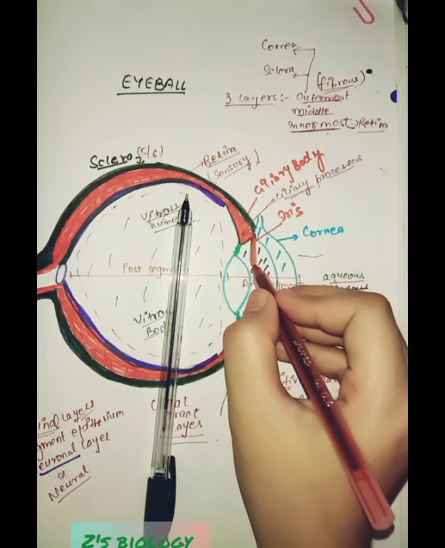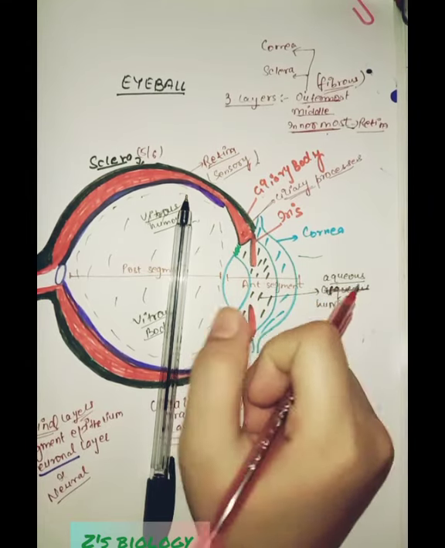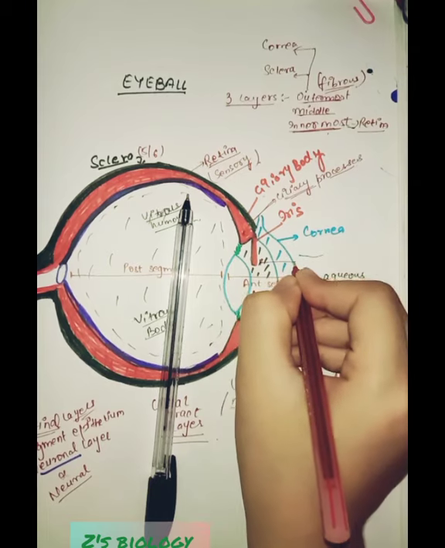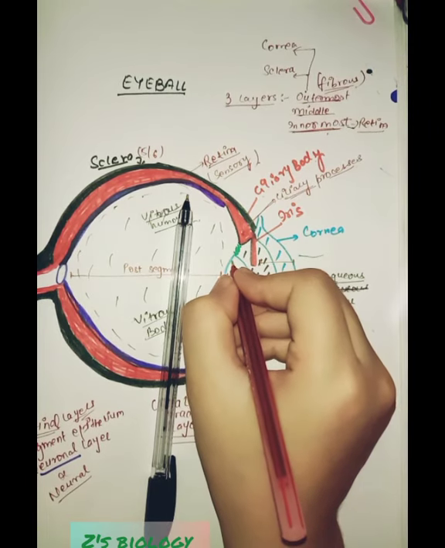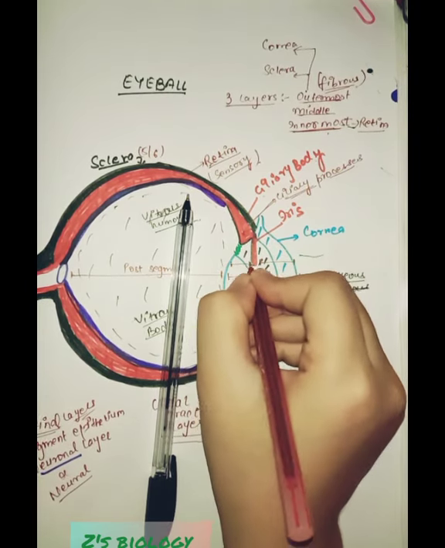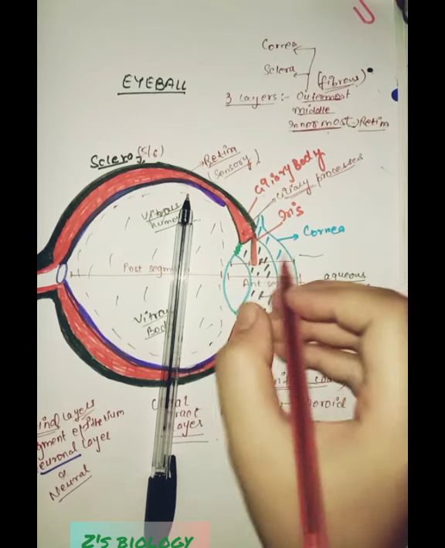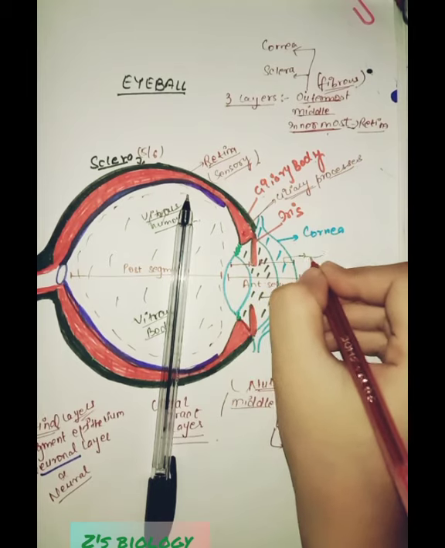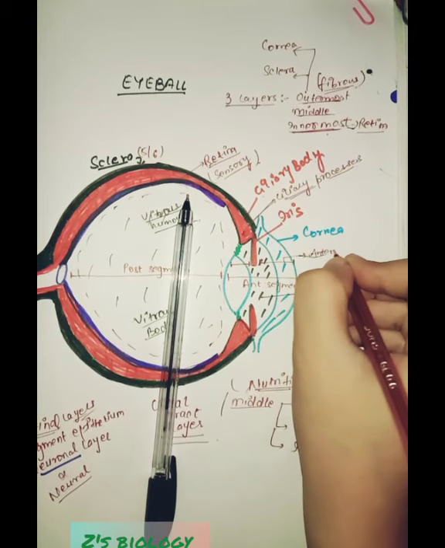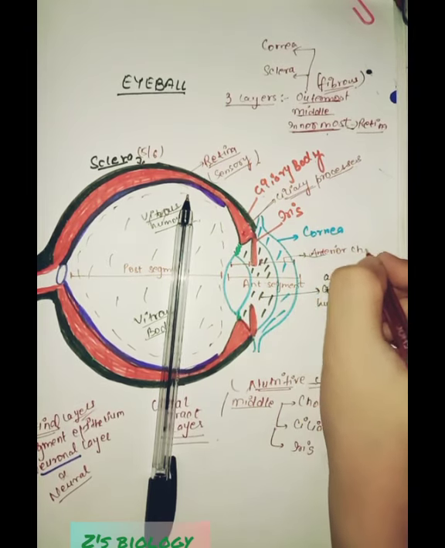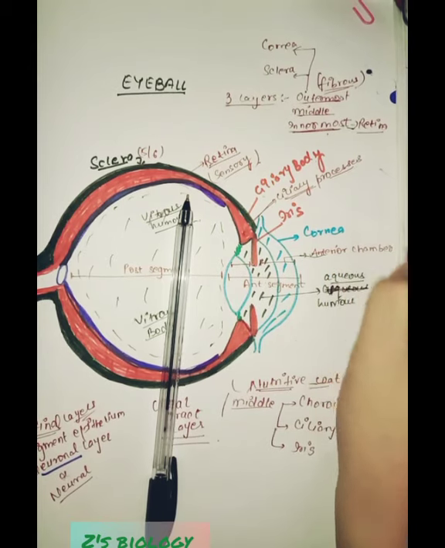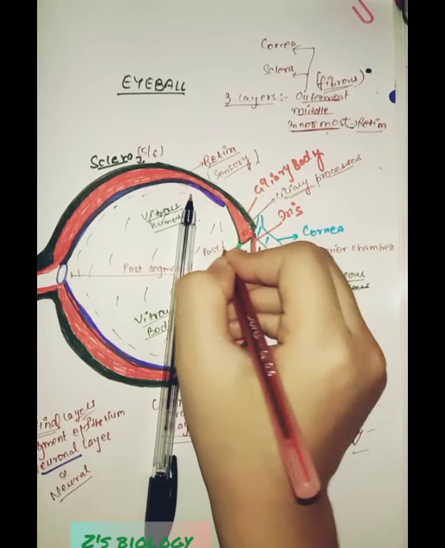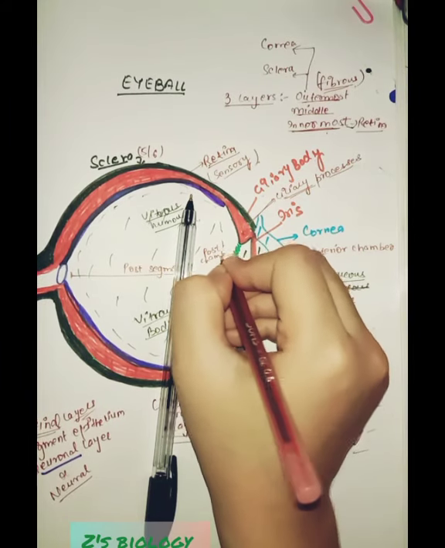The iris helps us divide the anterior segment into two parts, known as the anterior chamber and the posterior chamber of the eyeball.